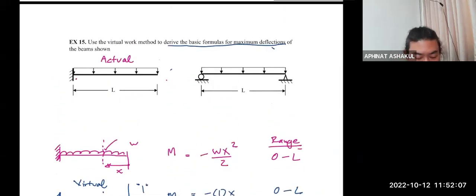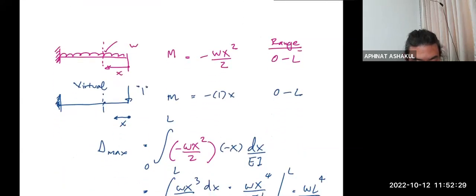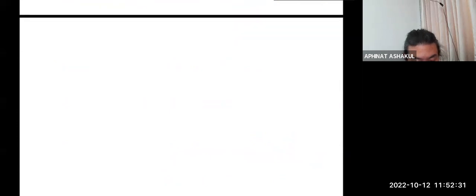That's the actual. Oops, now the actual becomes big. Where is the maximum deflection of this beam? It has to be at midspan, right? Because it's symmetric. So we are going to apply the unit load somewhere. So let us begin on the next page.